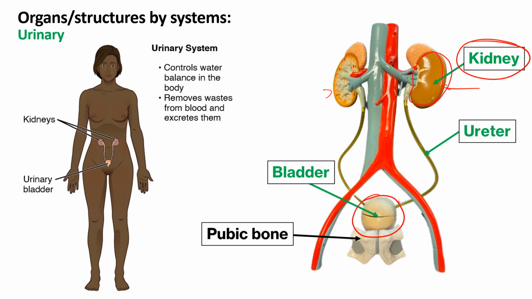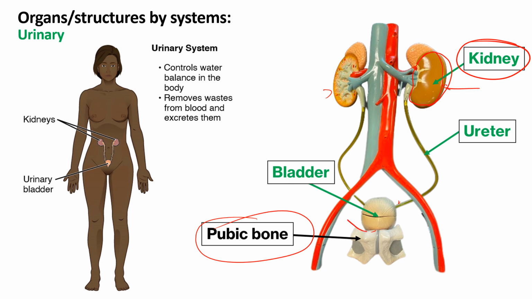Now, we cannot see the urethra in this model, but the urethra is another tube that communicates the bladder with the outside. I'm going to show you a picture of the urethra in a minute. Notice that we can see here just a portion of the pubic bone. Remember, the pubic bone or the pubis is one of the three coxal bones.